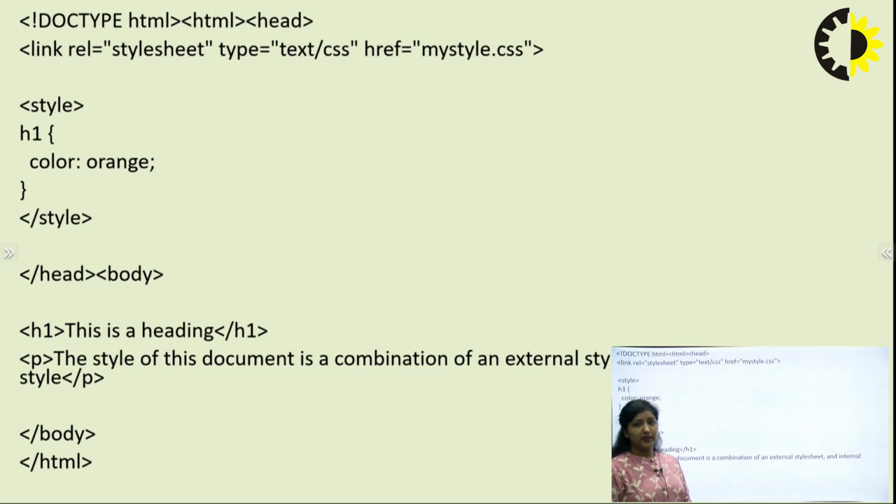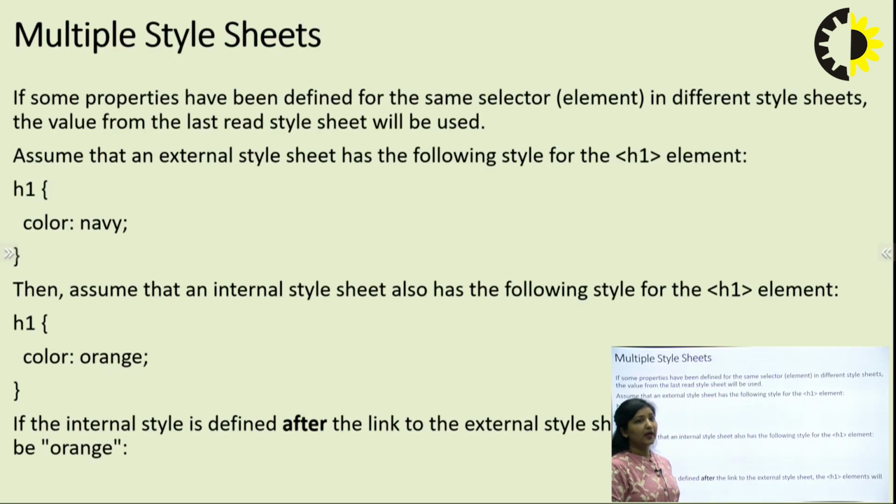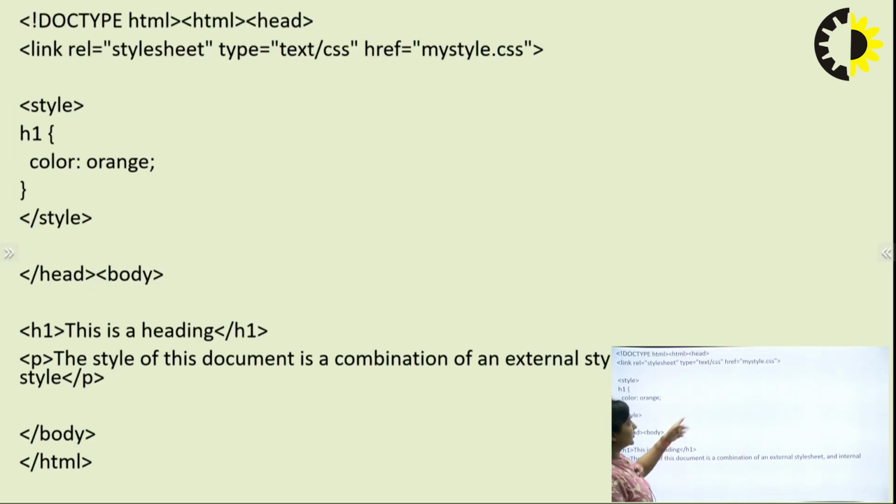Now let's see this example. In CSS, the doctype HTML, head, and style sheet are made, and this is the external reference to that style sheet. I made this style sheet with H1, and it has been called in this example. The name of this style sheet, suppose, is mystyle.css. In mystyle.css, the H1 tag has been defined as orange, for example.